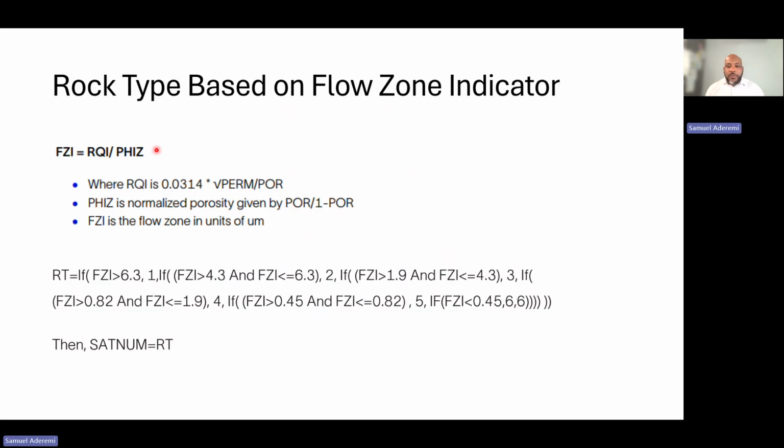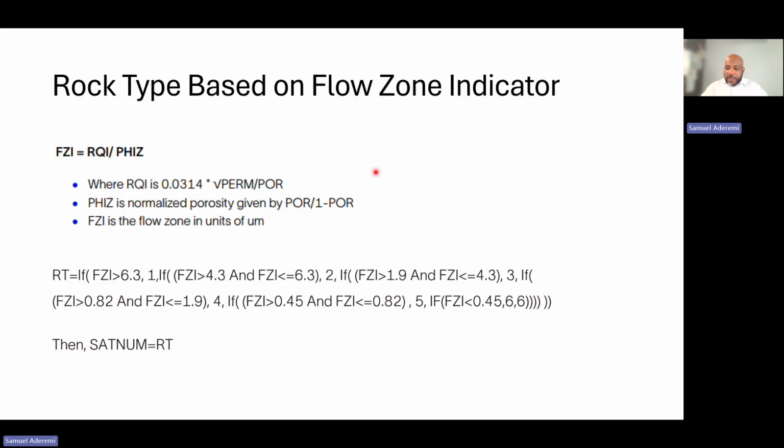So rocks with larger pore throats and better connectivity will have higher FZI values, and therefore better flow performance. And that is the implication.